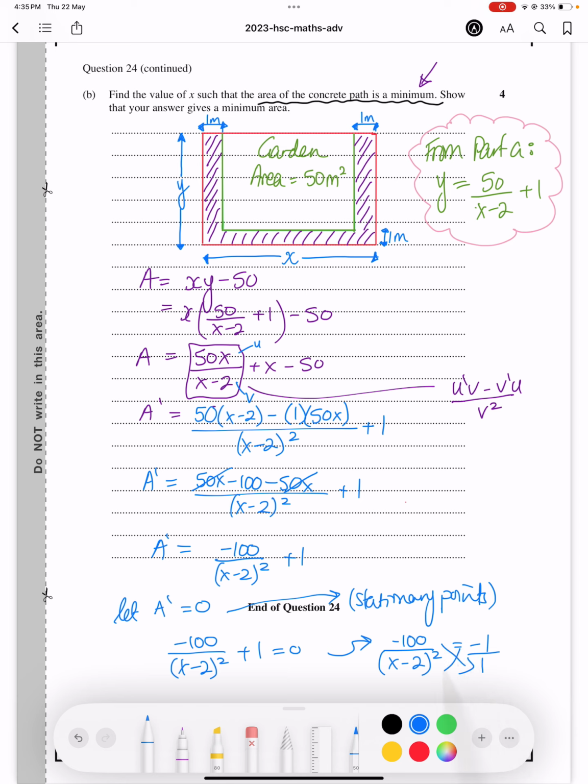When you cross multiply, you get minus 100 equals minus x minus 2 all squared. Divide both sides by minus 1, and that gets rid of the minuses.